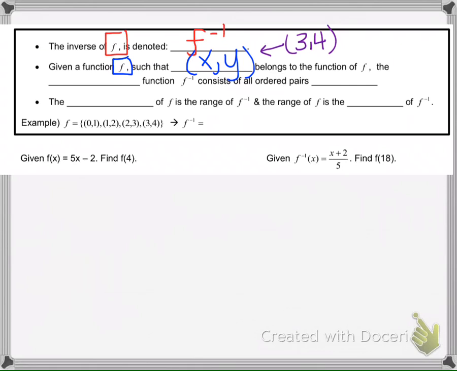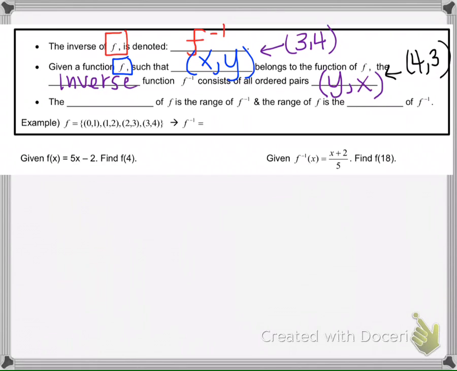The inverse function, f of -1, would consist of the ordered pairs that are flipped. So instead of x comma y, it would be y comma x. So what that means is the inverse is going to have, instead of 3, 4, it's going to have 4, 3. So when a function is the inverse to another one, their input and output is flipped, is switched.